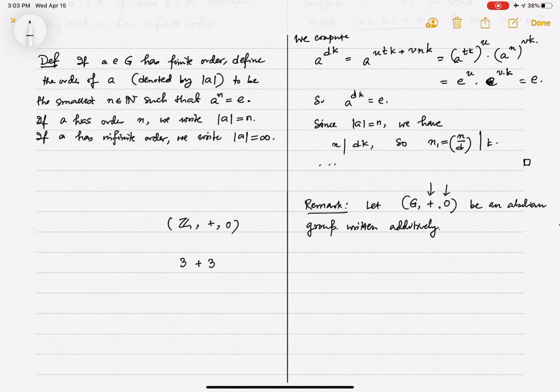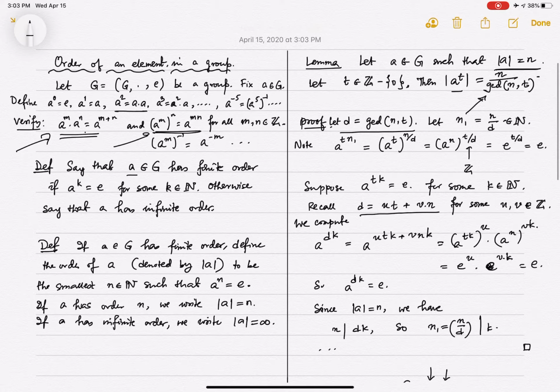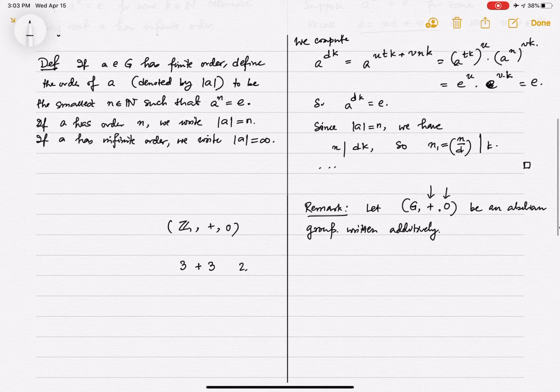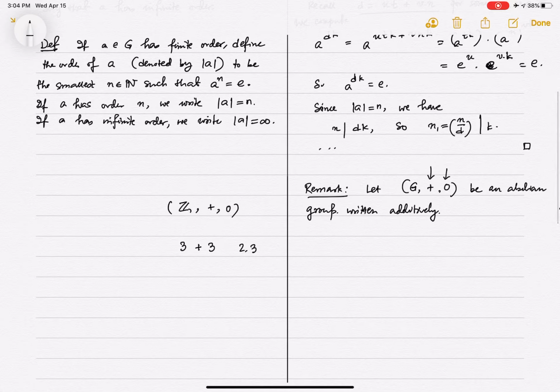It's really 2 times 3. So what is being called a squared here, in the additive notation, becomes 2 times 3, etc. What is called a to the n in the multiplicative notation up here becomes n times 3. So a to the n gets replaced by n times a.